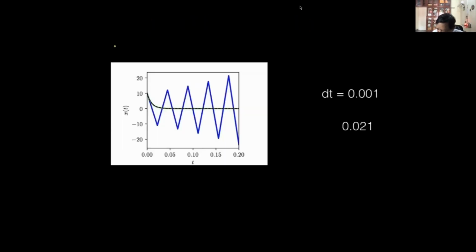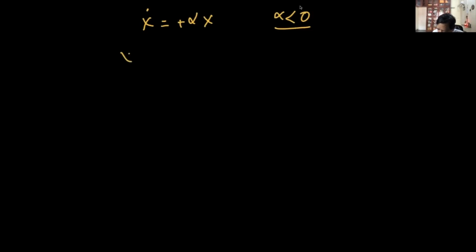Let's imagine that I have the equation x dot is minus alpha x, but alpha negative. Okay, so apply the Euler scheme: x_{n+1} minus x_n is equal to delta t times the value of the function at x_n, which is alpha x_n.